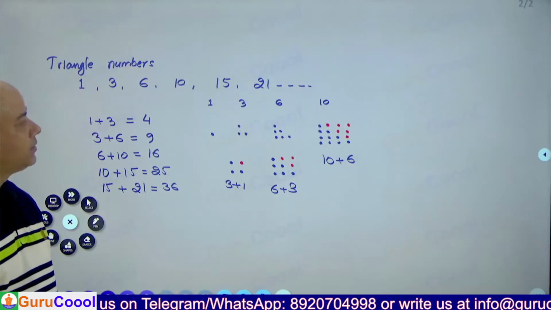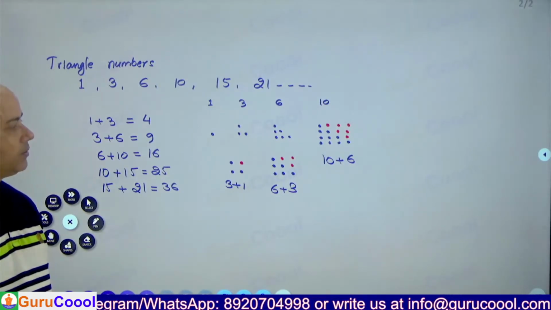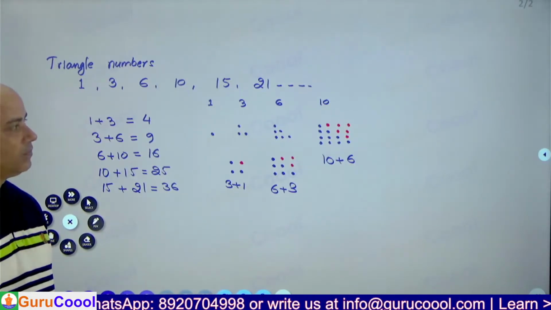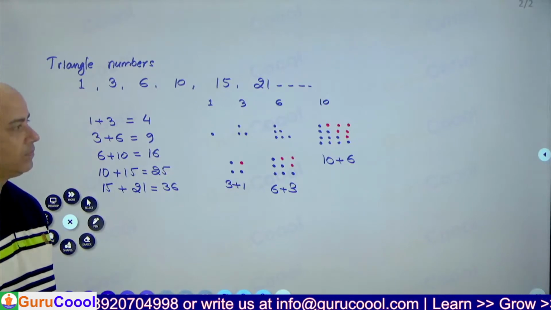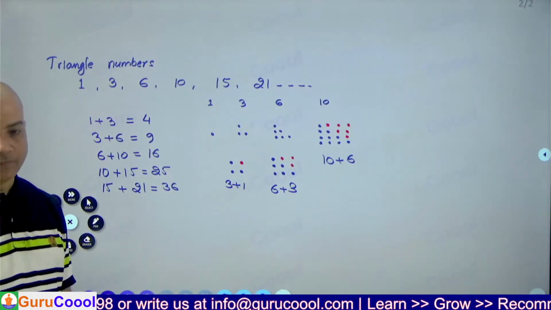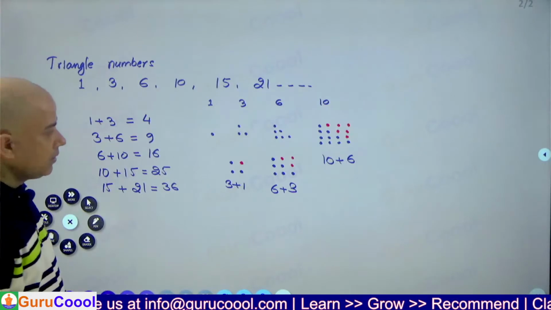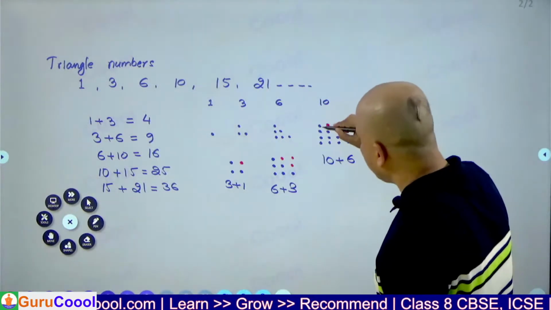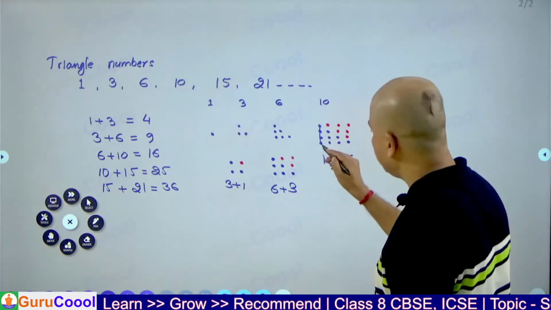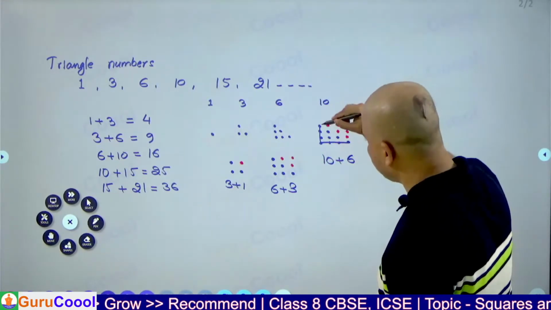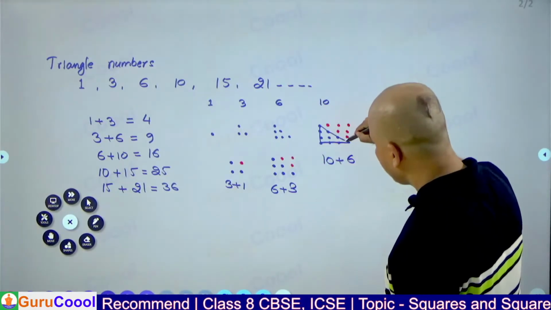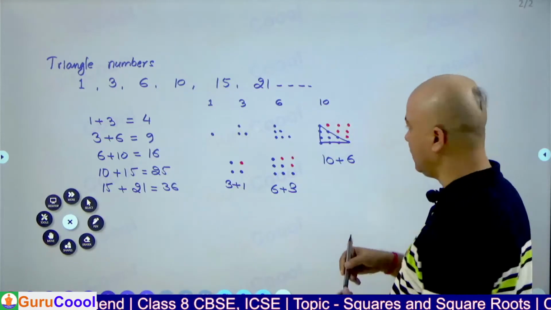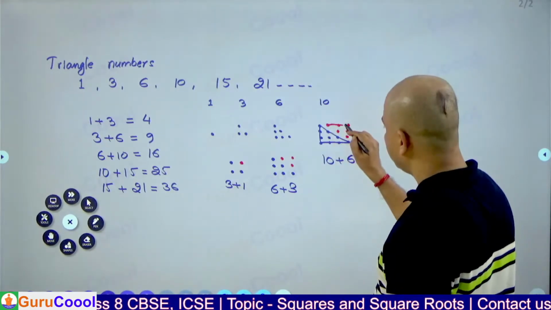Amazing, na? Like we are supplying a triangle here, a right triangle this way, and another right triangle this way.